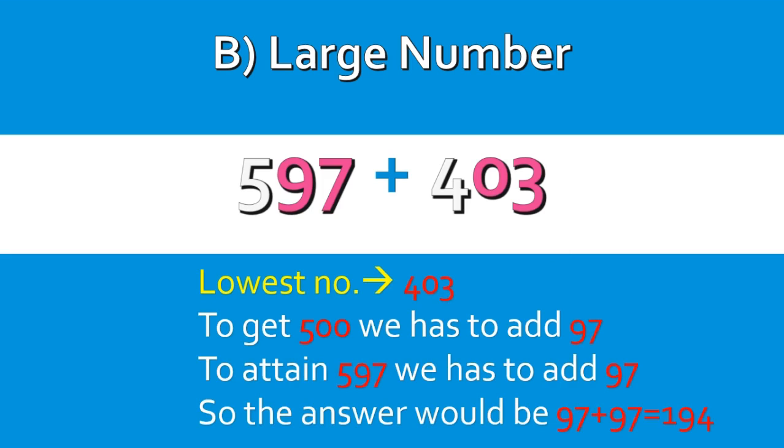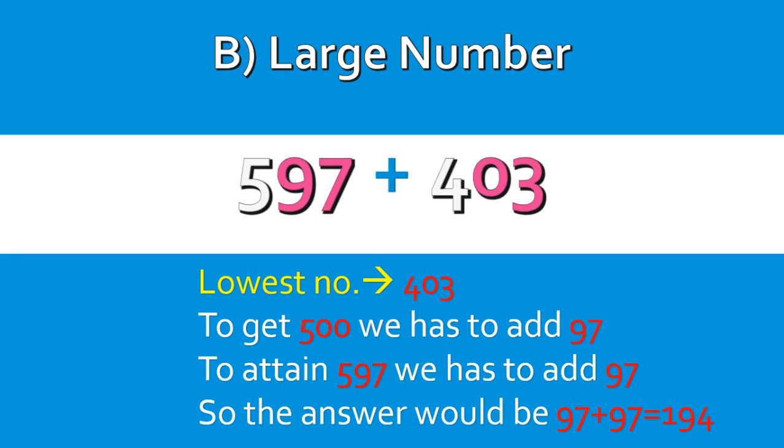To get to 500 we have to add 97, right? You should not consider going down to 400, subtracting something, because you must go ahead, I mean towards the largest number. So the nearest round number towards the largest number is 500.